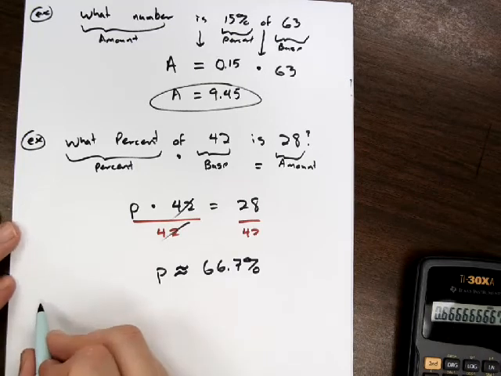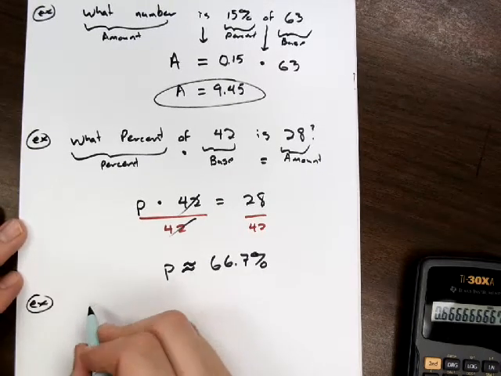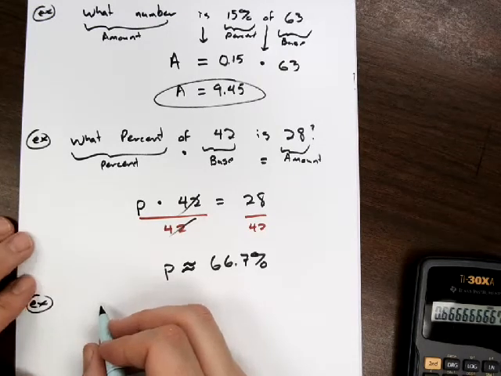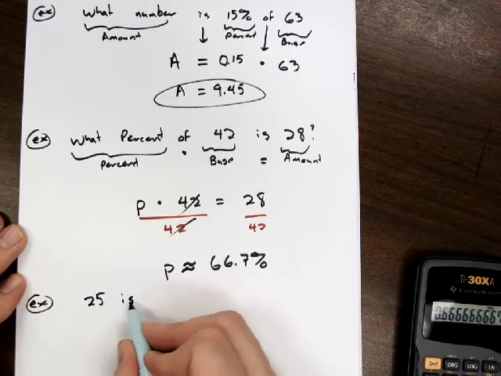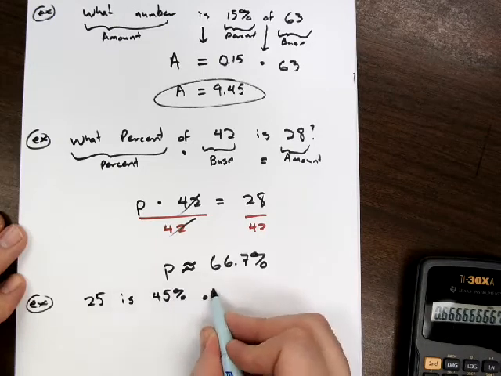Let's do another one. Let's say we've got something like, 25 is 40% of what number?